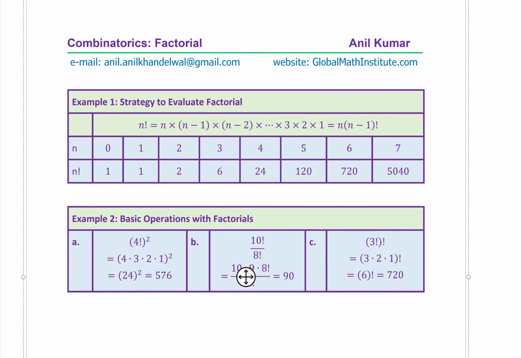The very first thing is, how do we calculate each factorial, right? Here is a very easy method to calculate all the factorials. We'll begin with 0. As I was saying, 0 factorial is 1, right?